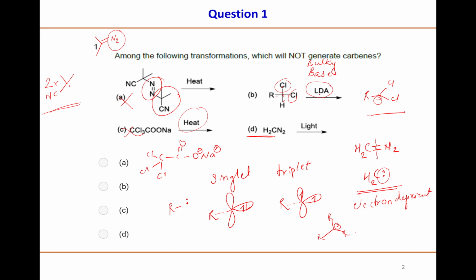So when proton abstraction or an electrophilic reaction takes place on this species, the group which is taken by the base or electronegative atom goes without taking the electron, so that electron remains here because of the electron pull. Because carbon is more electronegative than hydrogen, it will pull the electron to itself.